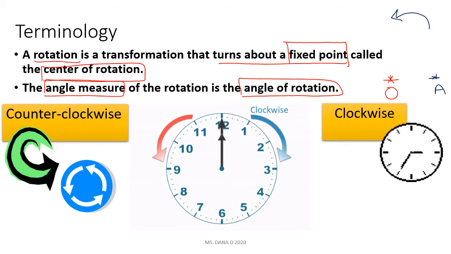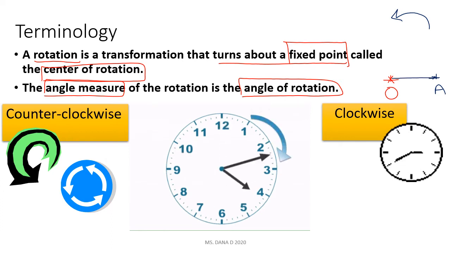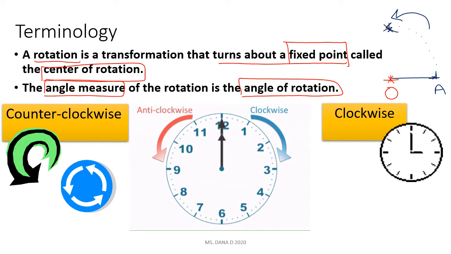Okay, when I take an anti-clockwise rotation of 90 degrees, A will go up 90 degrees till an opening and will be located as A prime.